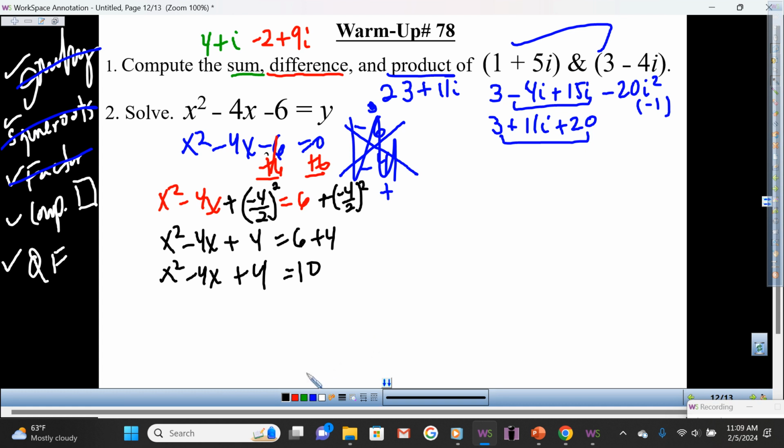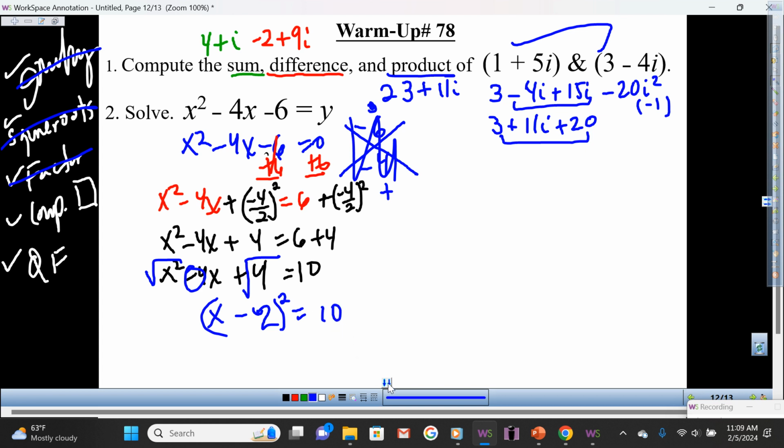What do I do next, Anthony D? Power Rangers or the shortcut? Square root of the first, square root of the last, sign of the middle, squared equals 10.